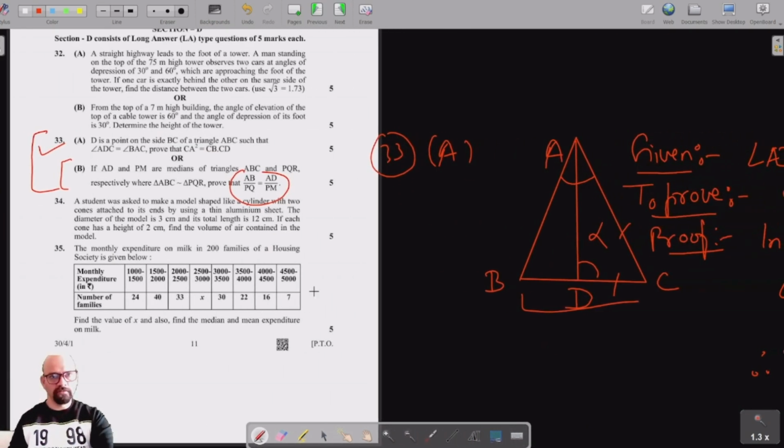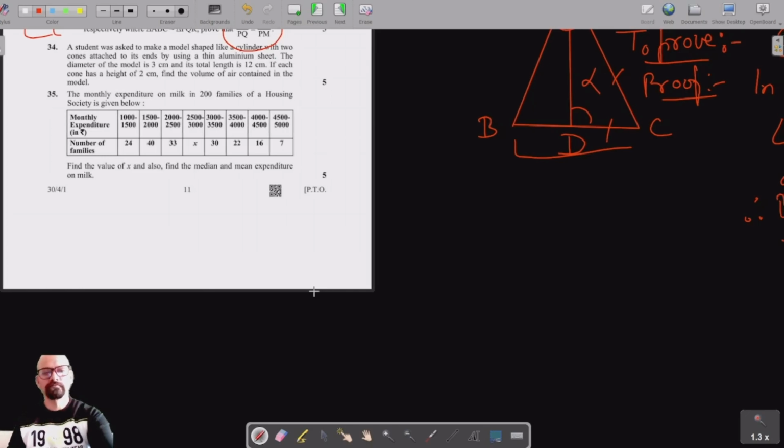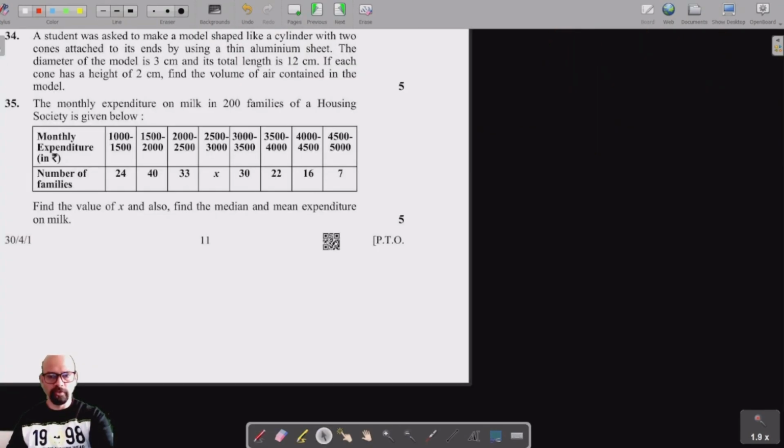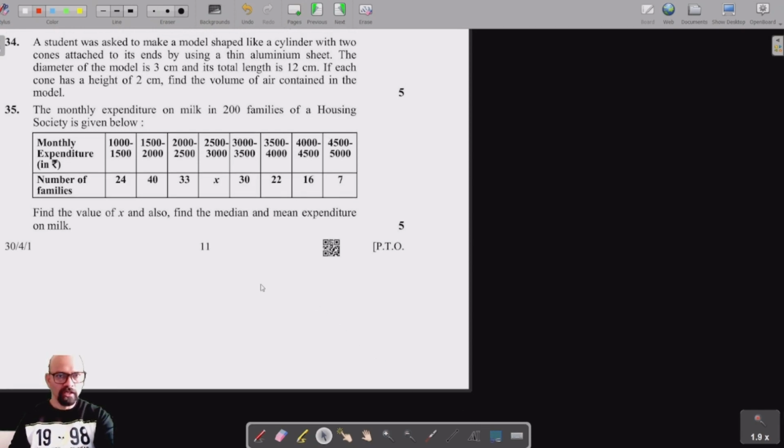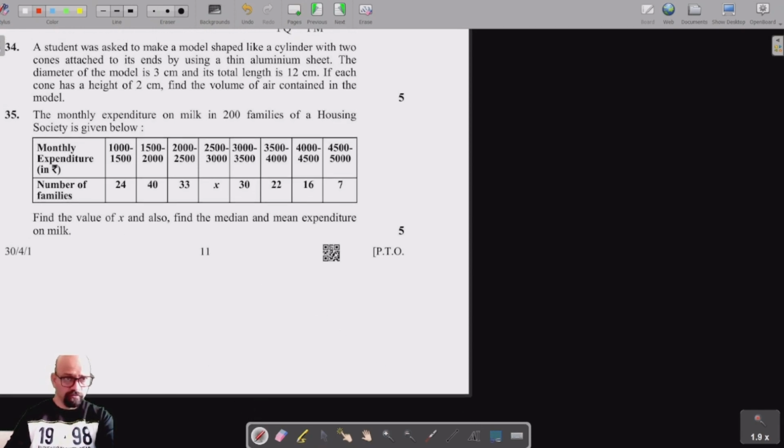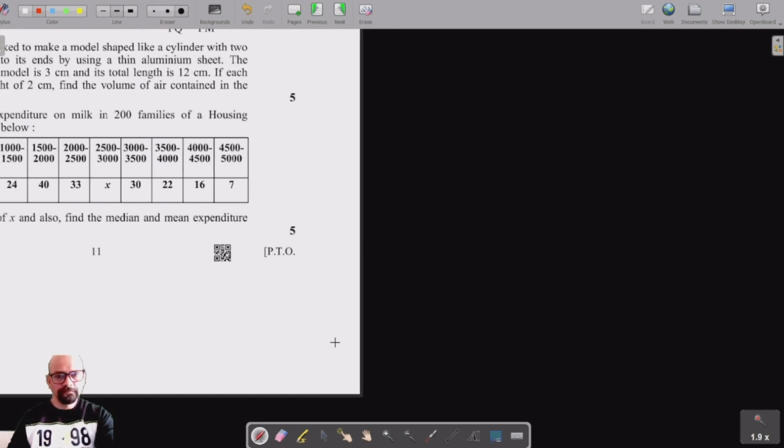Let's move on to question number 34. We are on question number 34. And in this question, a student was asked to make a model shaped like a cylinder with two cones attached to its ends by using a thin aluminum sheet.